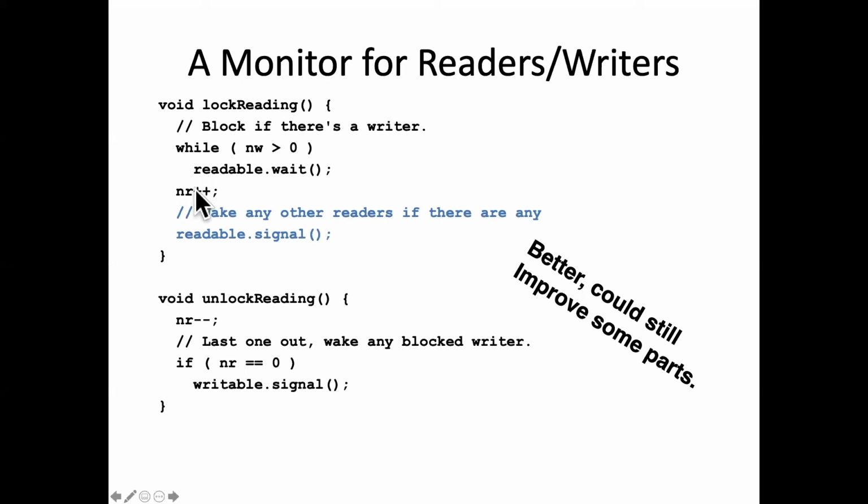So whenever a reader gets access, we can just signal on readable again, and it'll kind of cascade through the readers. When a writer leaves and they wake up one reader, each of them will wake up the reader behind them. That was the part that's easy to fix, adding one line of code to make sure it wakes up all the readers at once, or at least whenever it becomes readable.